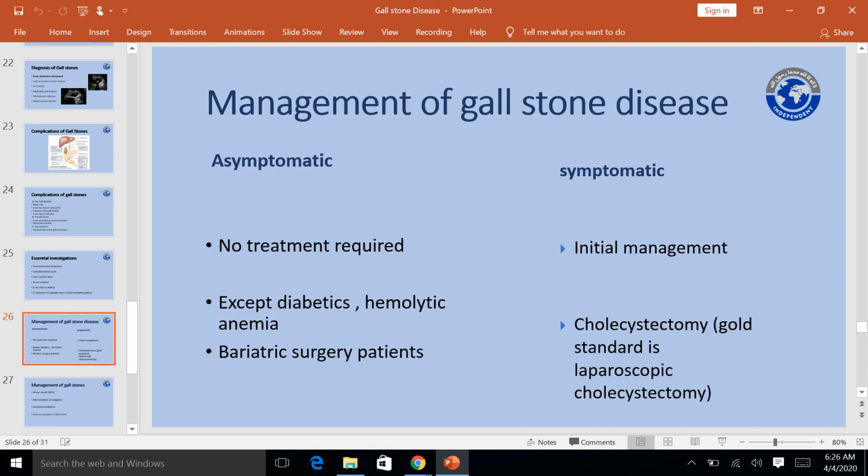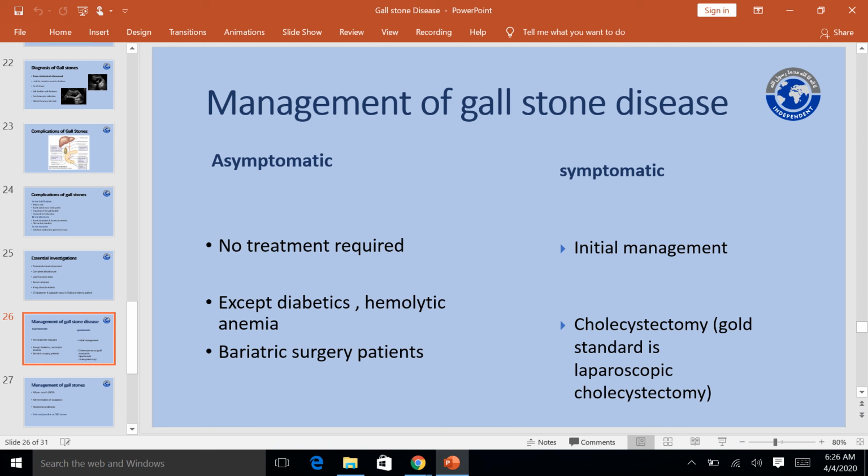Management: for management purposes, there are two groups of patients with cholelithiasis, the asymptomatic group and the symptomatic group. Asymptomatic patients do not need treatment. For symptomatic patients, there is only one treatment, that is cholecystectomy, and the gold standard approach is laparoscopic cholecystectomy. This is performed after initial management.